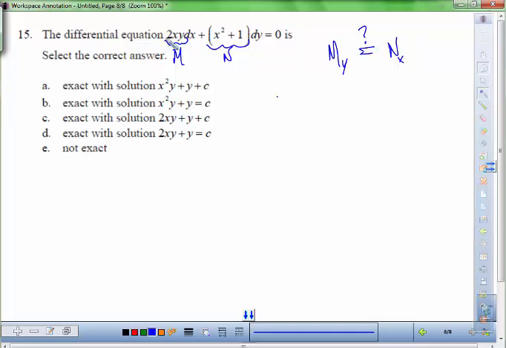So holding x constant for that first one, the derivative of 2xy is going to be 2y. And the derivative of this thing with respect to x, 2x. So they're not exact.